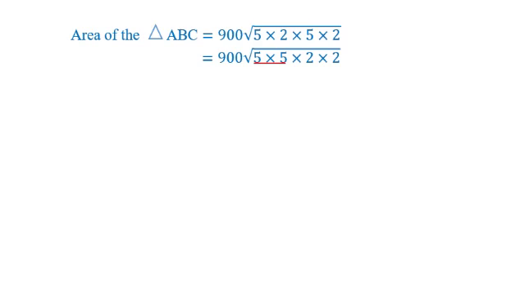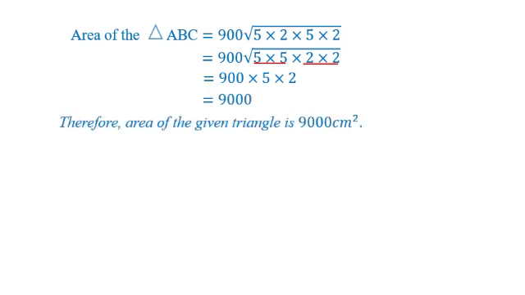So we got a pair of 5 and one more pair of 2, which is equal to 900 into 5 into 2. 5 into 2 is 10, and 10 into 900 will give us 9000. Therefore, the required area of the given triangle is 9000 centimeter square.